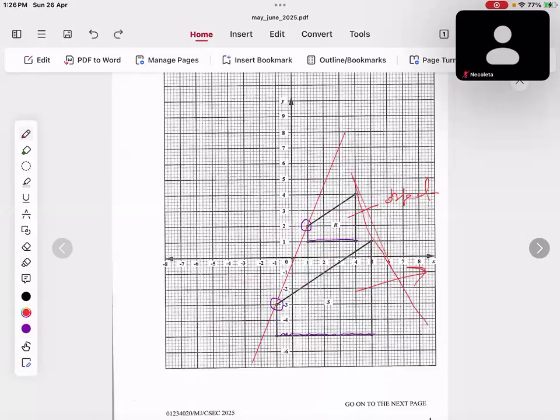So that one didn't look good at all. Oh, it's off, bud. No, sir.